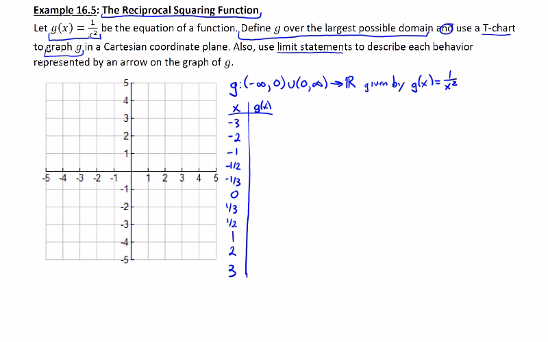And we can also go ahead and say that with 0, this is going to give us an undefined result. With 1, so here's the process. If you think about it from an operation standpoint, it's just whatever the number is squared, and then you're going to be taking the reciprocal of that.